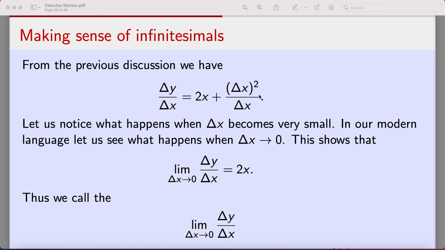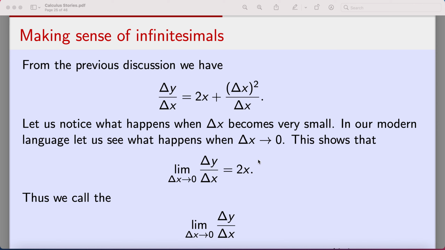So what would happen? I'll have delta y by delta x is equal to 2x plus delta x squared by delta x. So delta x dividing delta x squared would give me delta x. Now as I take the limit as delta x tends to 0, this is exactly what is called the derivative. Even physicists or mathematicians learned the derivative exactly in this form, that change of y divided by change of x, and look at the limit as change of x goes to 0.